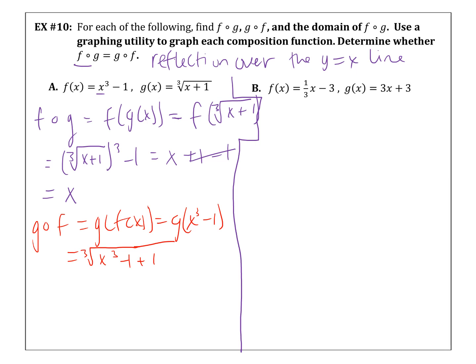Here you have negative 1, positive 1, they're going to equal 0. So you're left with the cube root of x cubed, which equals x. So for this problem, f composed of g equals g composed of f, which equaled x. So yes, they're equal to each other.